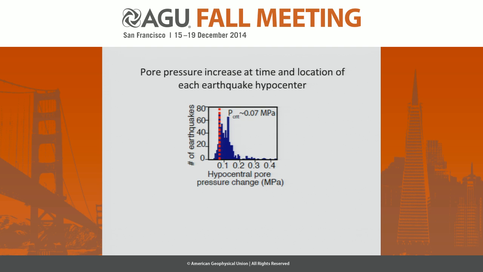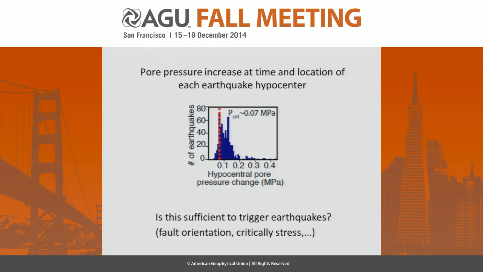Now, this is at this particular site for these particular simulations, and we could suggest that this pressure could be a threshold for seismicity. But is this sufficient to trigger earthquakes in general? I think that is a broader question for further discussion.